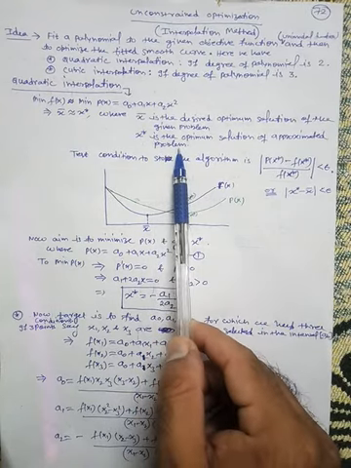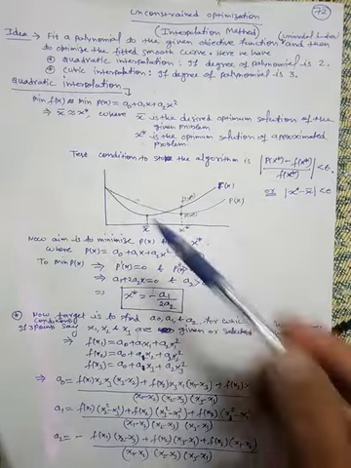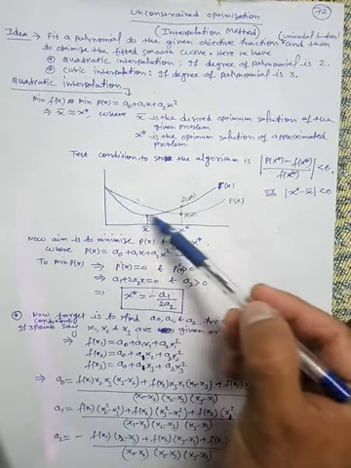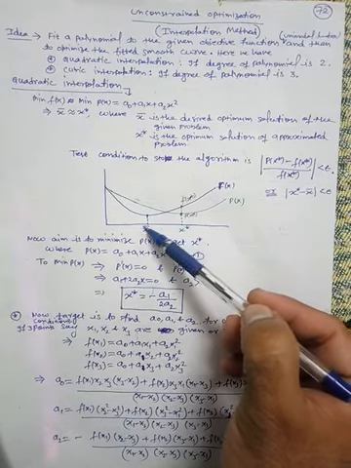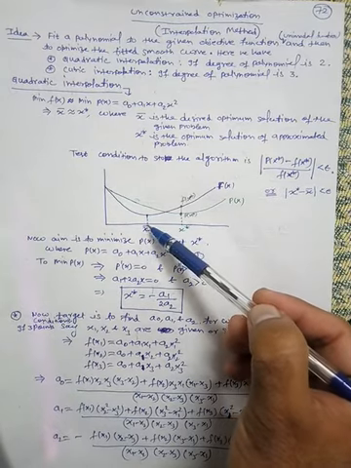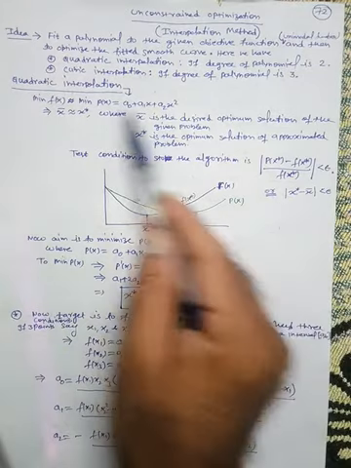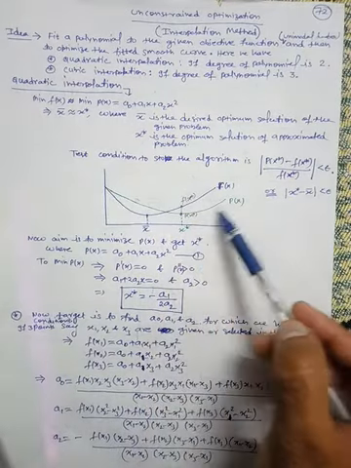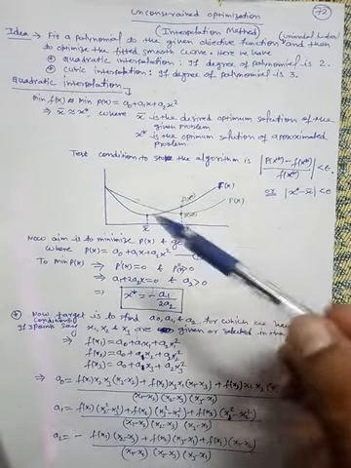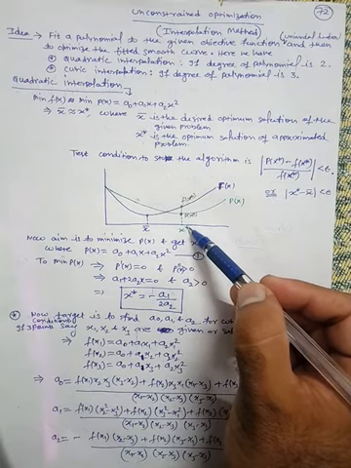In this figure, the blue line is the actual problem, and the target is to find this solution x bar. However, we have approximated the problem with quadratic interpolation. The green line is the approximated problem, and this minimum point is x star.